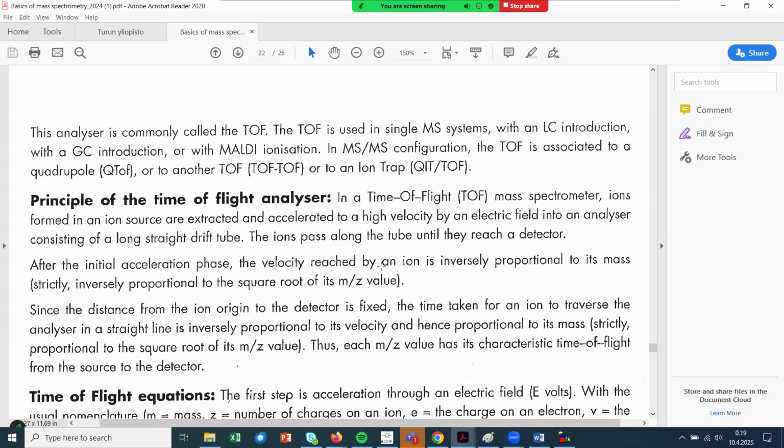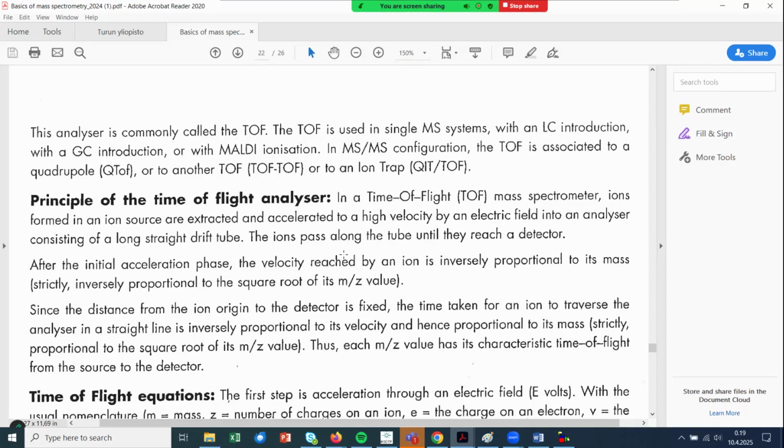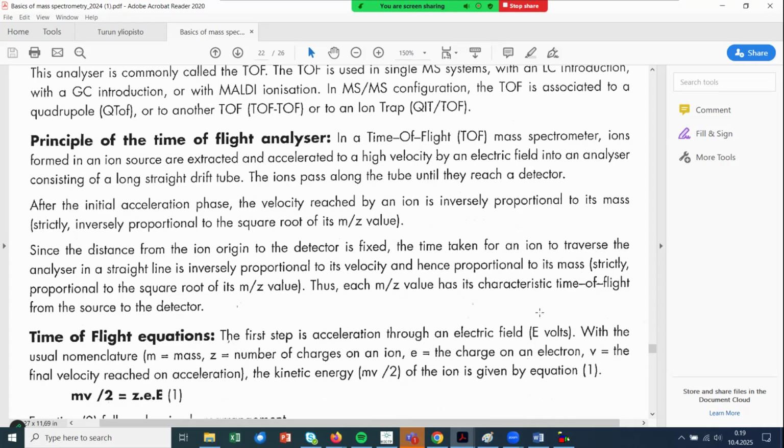The velocity that is reached by an ion is inversely proportional to the square root of its m/z value. So it means that the higher the velocity, the smaller the masses are, or the lower the m/z values are.